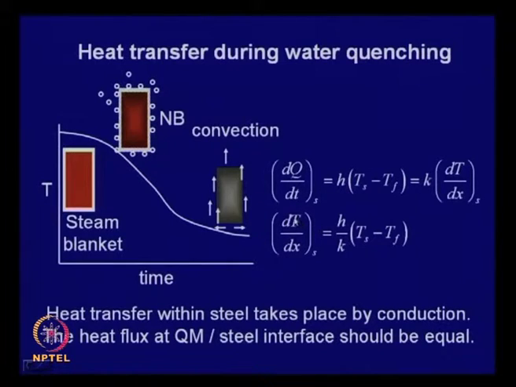So, therefore, the temperature gradient at the surface, where x is the distance within the job, is a function. This is how you can represent it, where x is the distance from the surface, and it can be written like this.